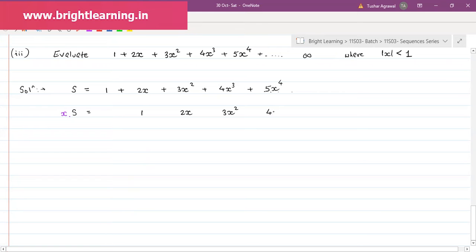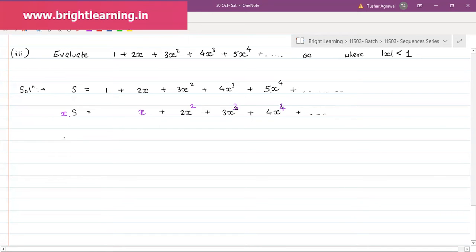So if I just write 4x cube, this will be problematic. So instead of writing S as it is, I will multiply it by x. On multiplying it by x, this becomes x, 2x square, 3x cube, 4x to the power 4, and so on.